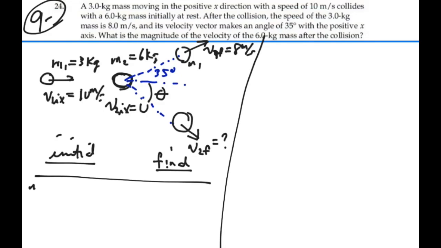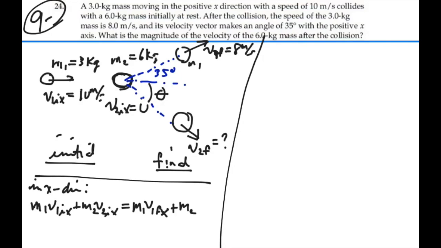And if we look in the x direction, we should have mass 1, v1 initial in the x direction, plus mass 2, v2 initial in the x direction, should equal mass 1, v1 final in the x direction, plus mass 2, v2 final in the x direction. Everything in the x direction specifically.